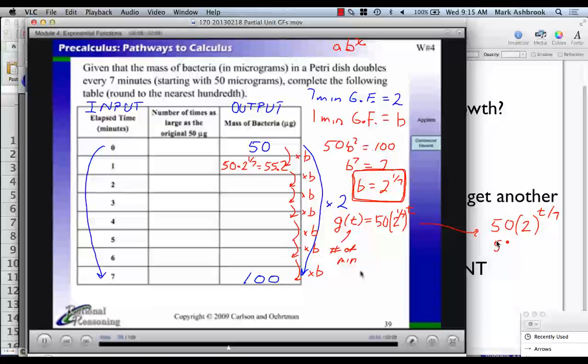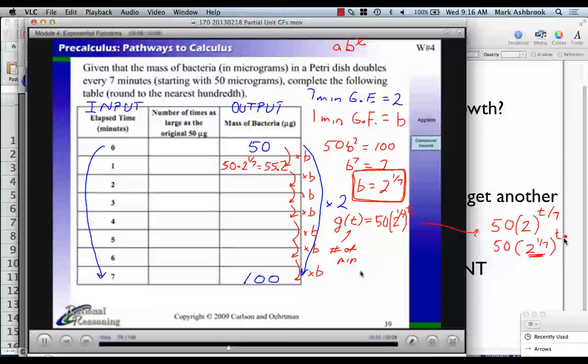But I prefer the 50 times 2 to the 1/7 to the t, and here's why. Because I don't remember quickly what growth factor is what. When I look at the other form, I don't see what growth factor is what. But if you just have the input variable by itself as the exponent, then this will be the growth factor for whatever the unit of my input is.